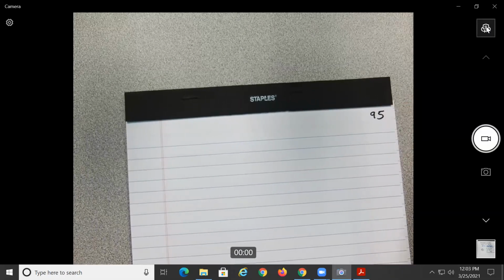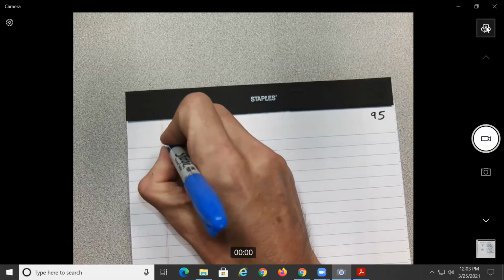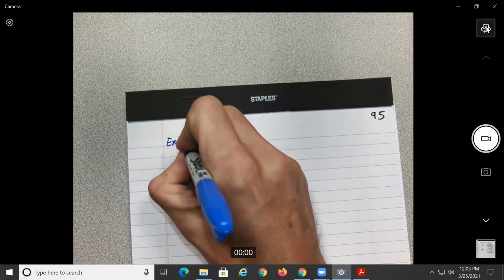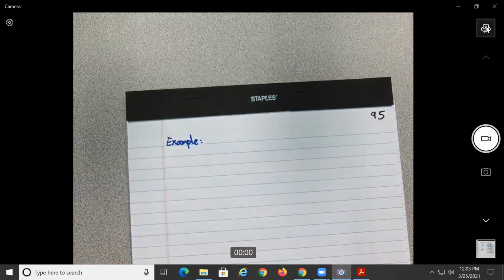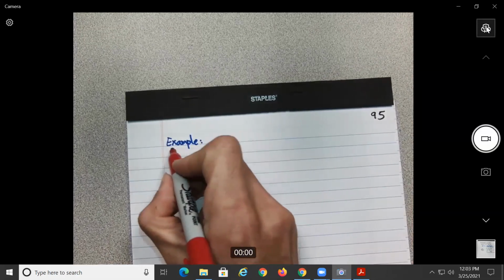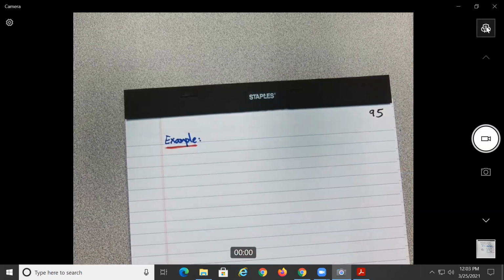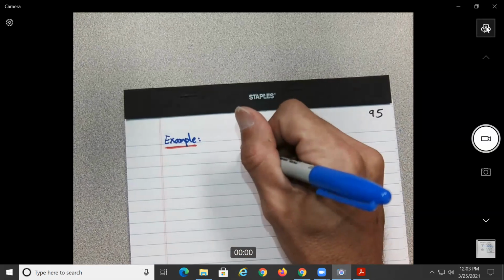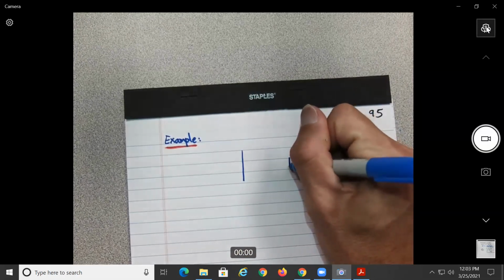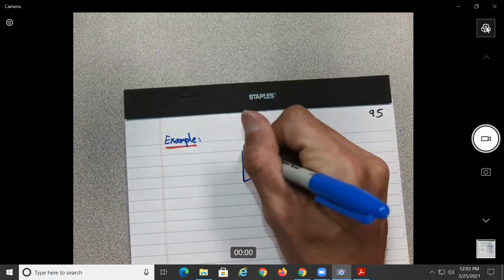All right, so example. We're gonna have a compressor. Again, it doesn't matter if you don't do it, you can just do a rectangle.